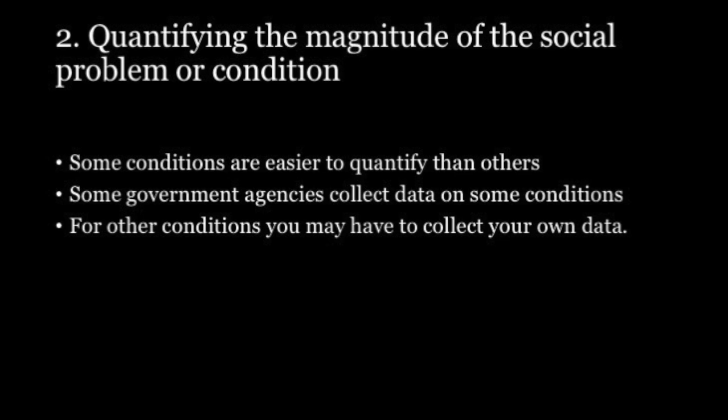So you may have to collect your own data. You may have to ask stakeholders, key informants that will guide you in the direction of where to get these numbers, or how prevalent the condition is. You may have to collect your own surveys or do your own interviews.